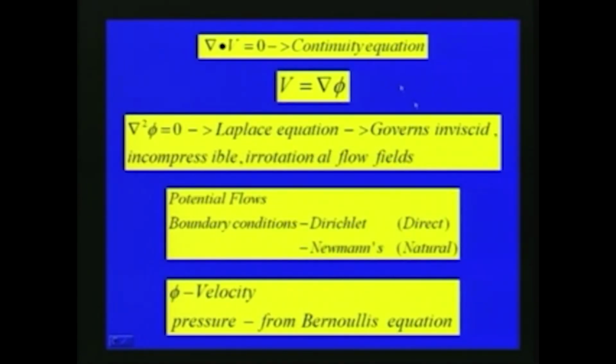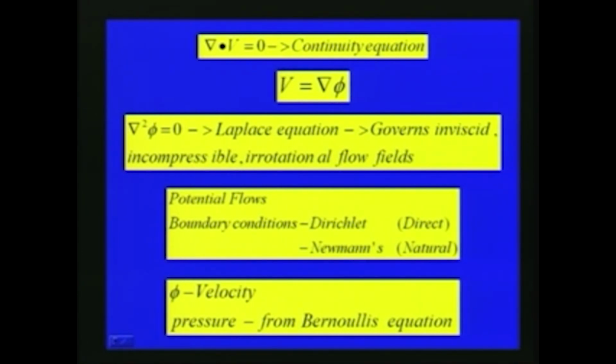Now if we use the differential form of the continuity equation, which we have derived earlier, for 3D we have del u by del x plus del v by del y plus del w by del z is equal to 0 for the x, y and z directions.